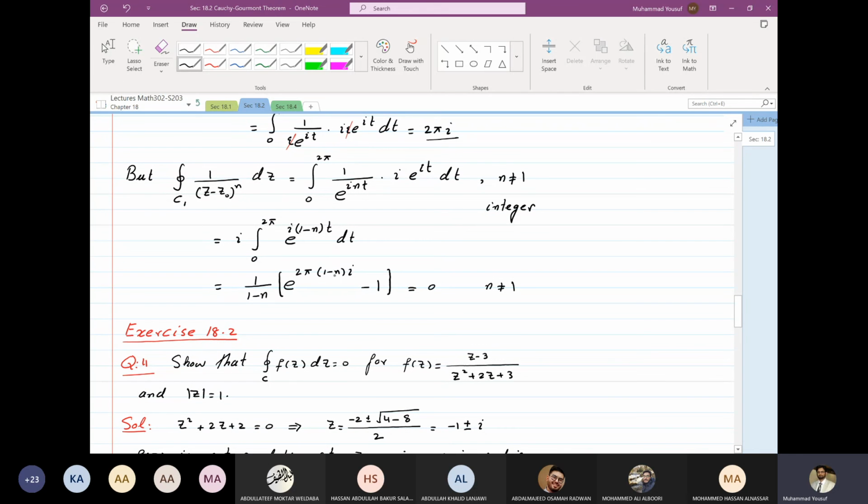E power 2 pi times (1 minus n) i, where n is not equal to 1 but some integer. Why not equal to 1? Because we are getting 1 over 1 minus n here, and this tells us that you cannot take n equal to 1. But whatever is here, e power 2 pi (1 minus n) i will always be equal to 1.